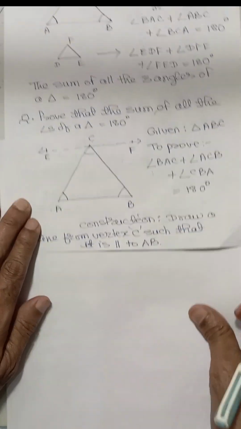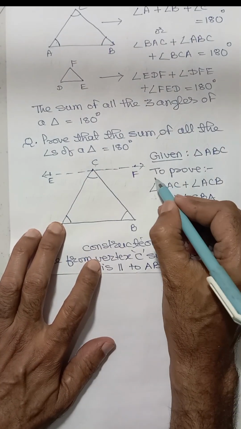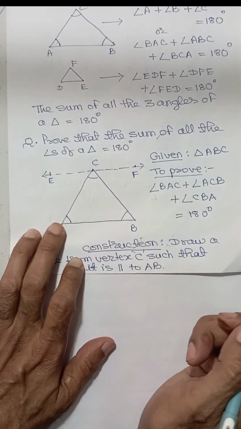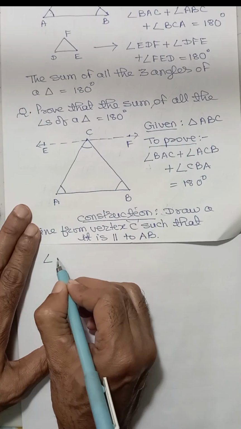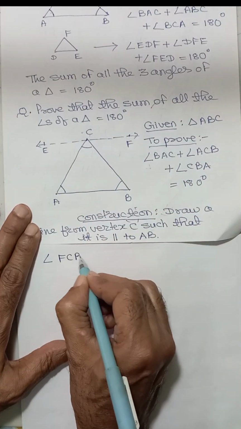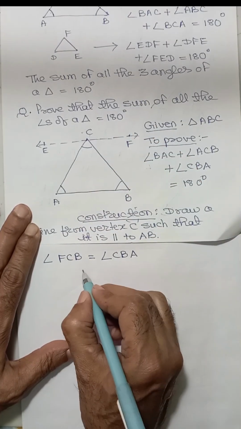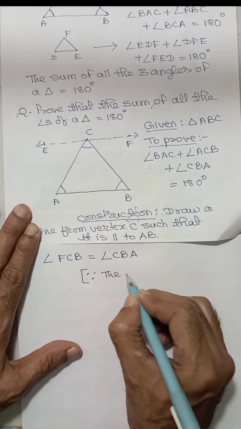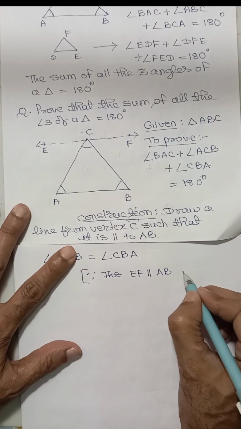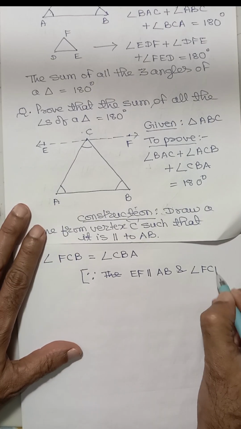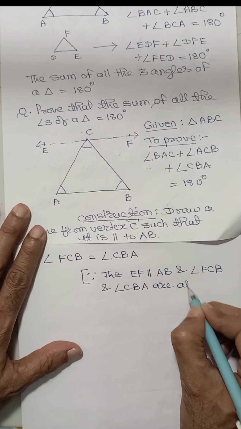Now proof. We have written given, we have written to prove, we have written construction. Now we will prove. So see guys, in this figure, angle FCB is equal to angle CBA. We will write the reason of it: since EF is parallel to AB, angle FCB and angle CBA are alternate angles.